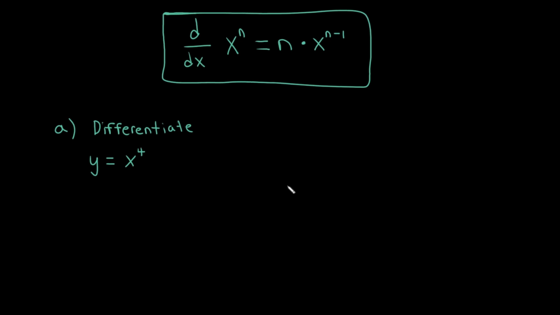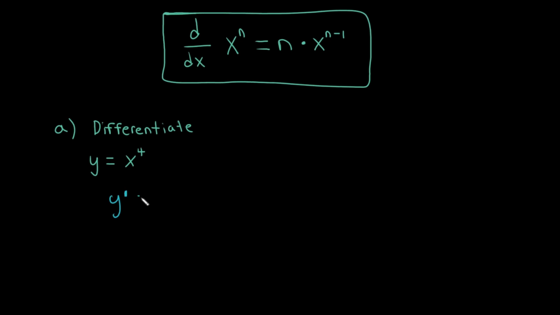Now that we know the general formula for using the power rule, we can do a problem. So this question asks us to differentiate y equals x to the 4. To do this, we say y prime to denote that we're finding the derivative. So this denotes that we're finding the first derivative.